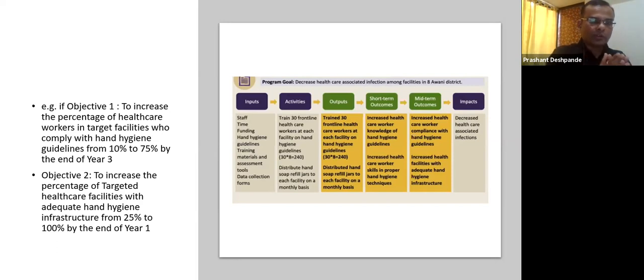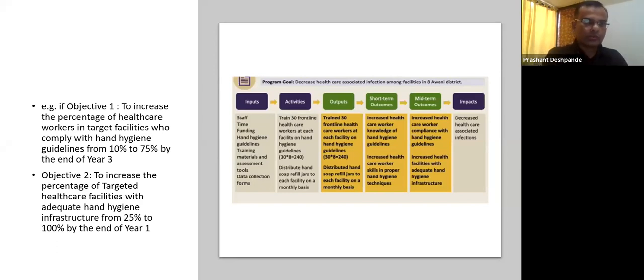So here in objective 1, we have to increase the compliance of healthcare workers for hand hygiene practices. So that is first objective. And the second objective was to increase the percentage of targeted healthcare facilities with adequate hand hygiene infrastructure from 25% to 100%.